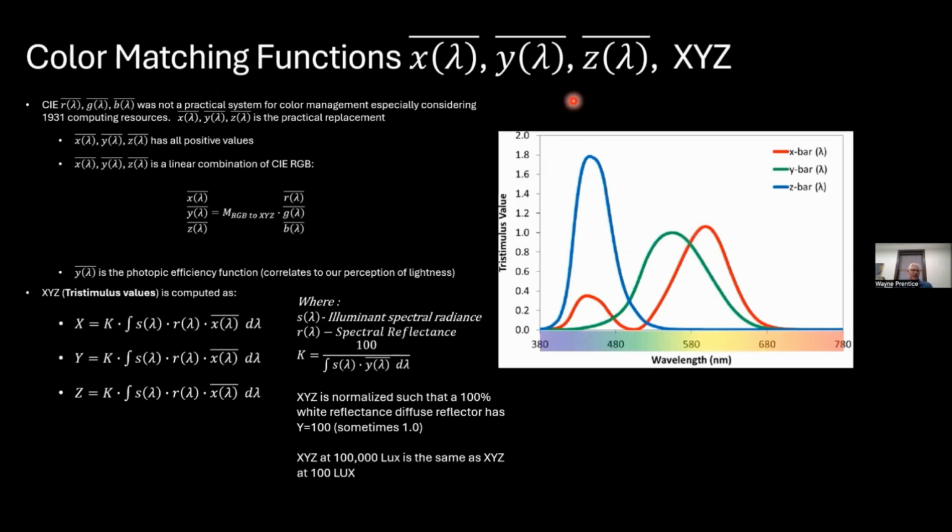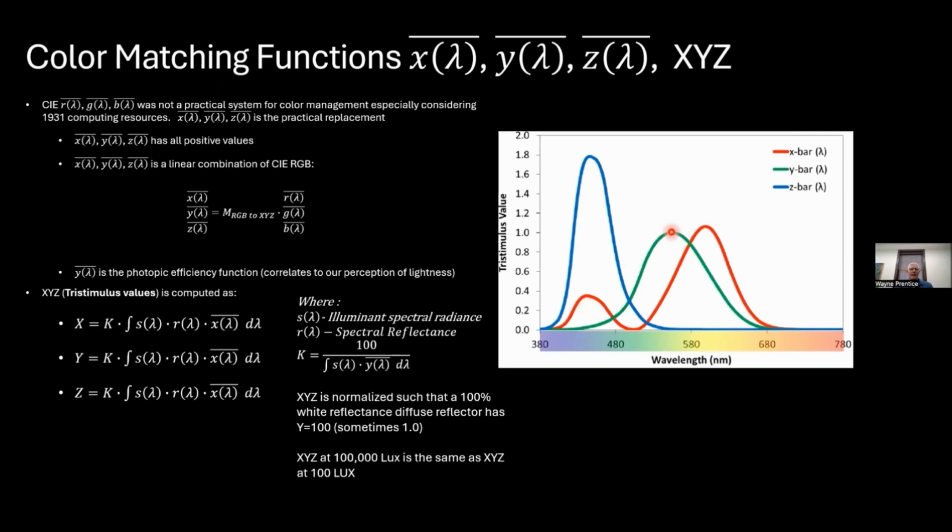And why these? Well, for one, they're all positive, which makes the math a little easier. Another one is it was really darn convenient to make one of the colors be this green line. And this green line is the photopic efficiency function. That function measures the eye response to how intense a light looks at each of the wavelengths.